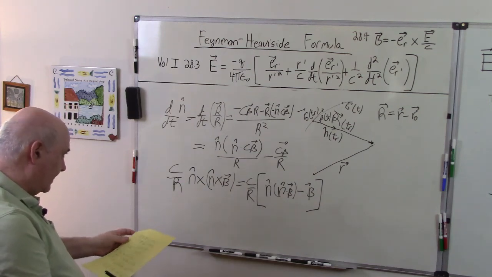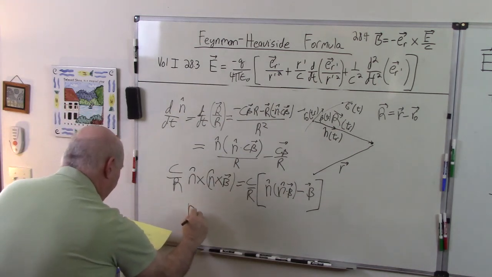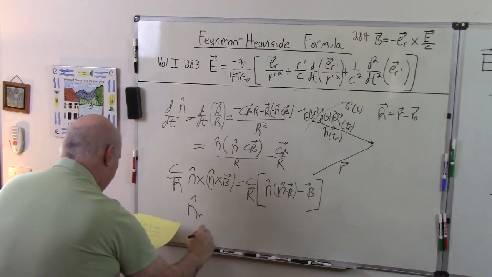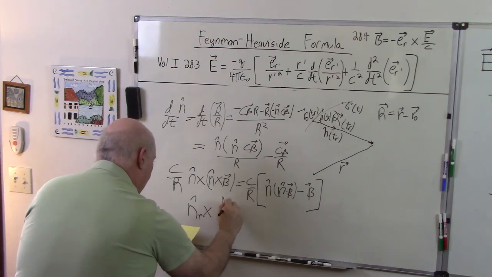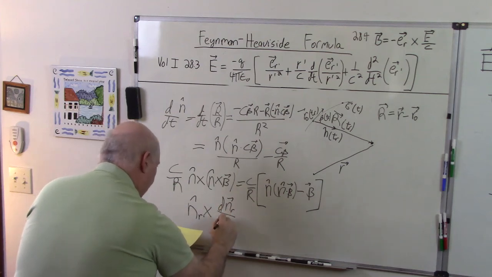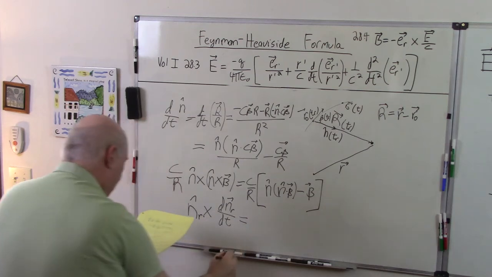What you'll need for the magnetic is something like n_r cross dn_r/dt.